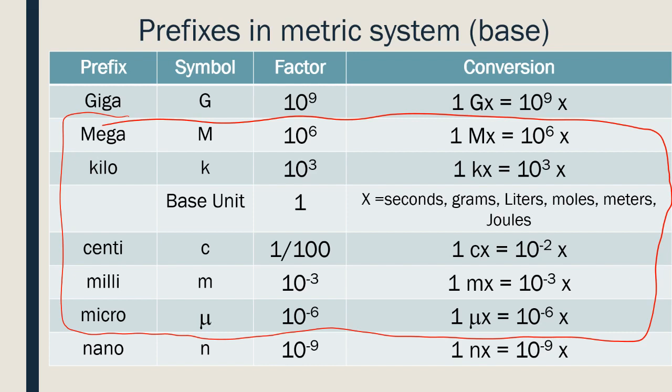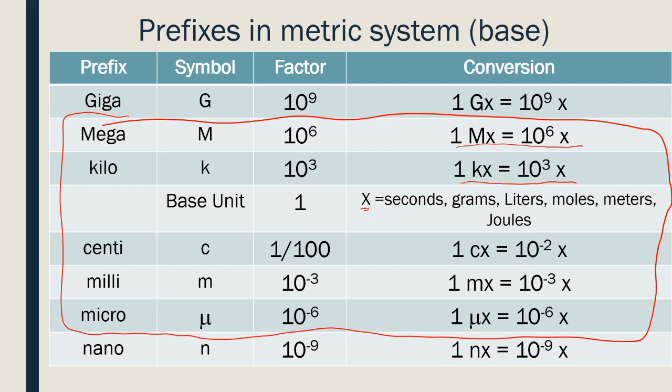So if you have grams, it would be 1,000,000 grams to be 1 megagram. If you had liters, it would be 1,000,000 liters to have 1 megaliter. Kilo is more familiar, right? Anyone who runs a kilometer knows that's 1,000 meters. So kilometer means 1,000 meters. Kilogram means 1,000 grams. So when I'm saying this, X is the base unit.